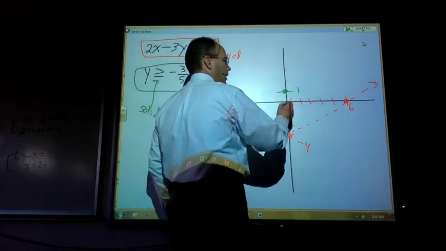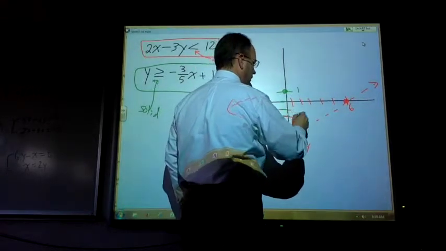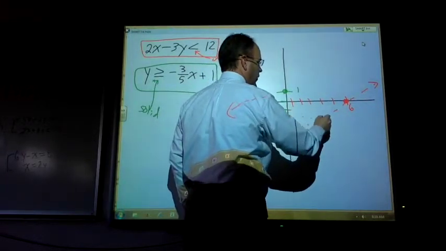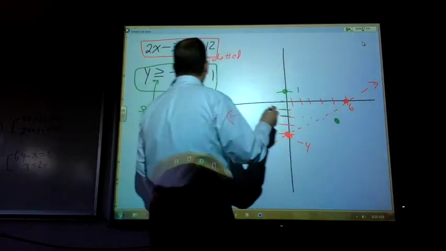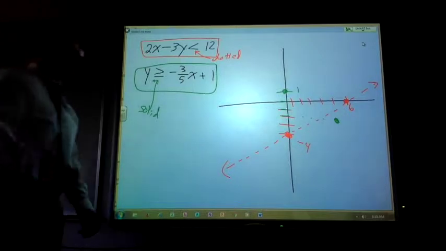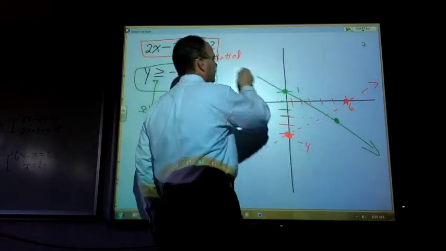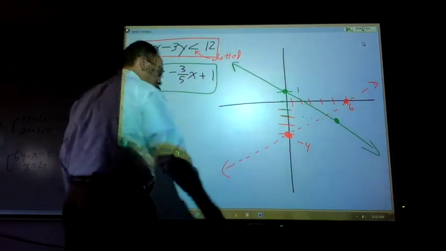Right, so from this point, I'm going to go down 3, 1, 2, and 3, and I'm going to go over 5. 1, 2, 3, 4, and 5. And, Bo, did we say this one was going to be solid or dotted? Solid, and the reason it's solid is because we have the equal sign as part of it. Still with me? Okay.